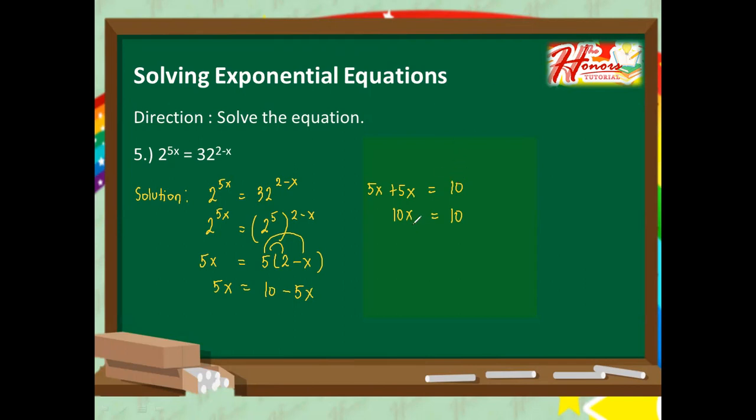So for us to do that, we have to eliminate the numerical coefficient of x, and that's 10. How are we going to do that? We can do that by dividing both sides by 10. So over 10 over 10. x equals 10 over 10, that's 1. And this is the answer for number 5.